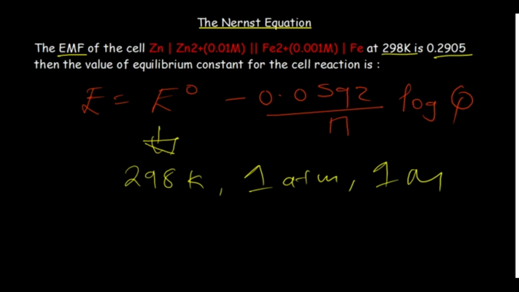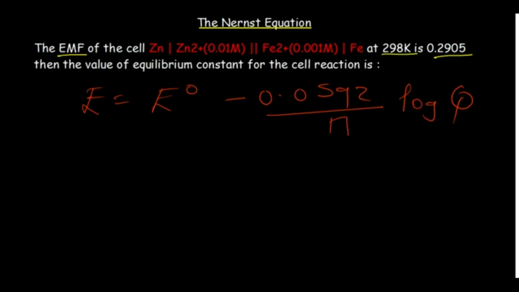In this case, if you look at the concentrations that we have, they are not standard, right? So it's non-standard cell potential. The electromotive force given to us is non-standard. Now, what do they want us to calculate? They want us to determine the equilibrium constant. At equilibrium, we do know that the non-standard cell potential is 0, and the standard cell potential we are supposed to calculate from what we have.